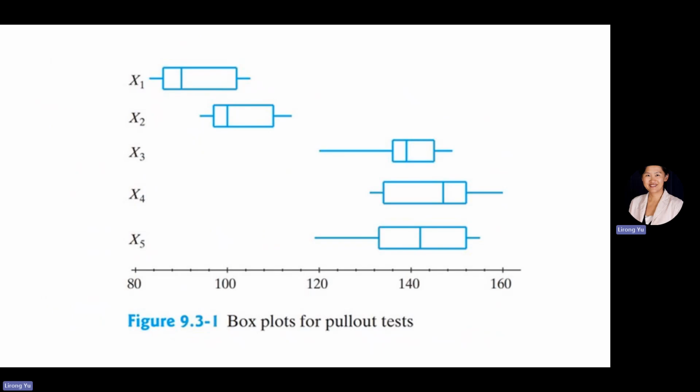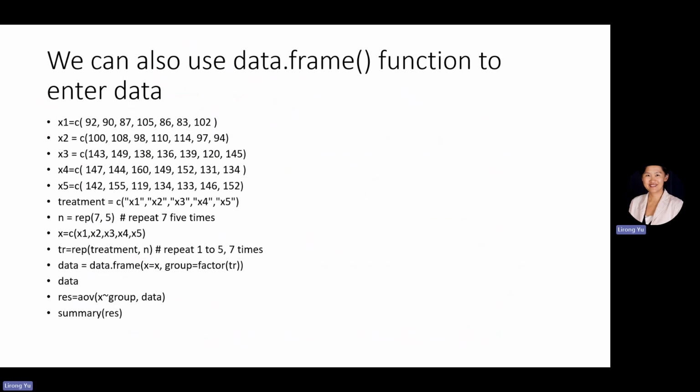I just want to give you an example of how to get a box plot running, because I feel like a back-to-back box plot is really useful. If things are different, how do you really visually see the difference? And then also, if you have the treatment words, you can repeat the words 7 times.